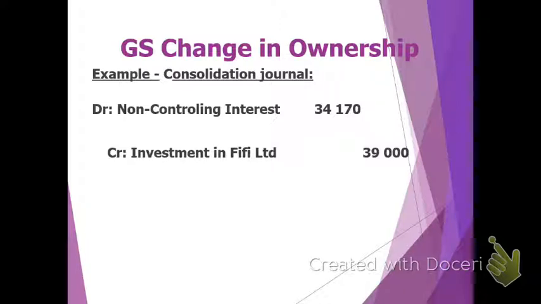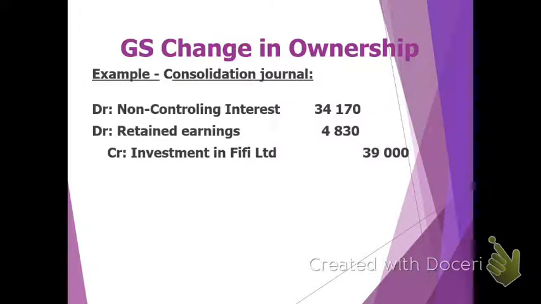Now that investment is still lying in the books of Dada Limited, and therefore you have to eliminate that, and for that reason we are crediting the investment in Fifi Limited in the books of Dada Limited at 39,000. The difference is then a charge to retained earnings of 4,830. As you can see, that is a debit, so that will be a loss, which will be taken directly to retained earnings in the statement of changes in equity.